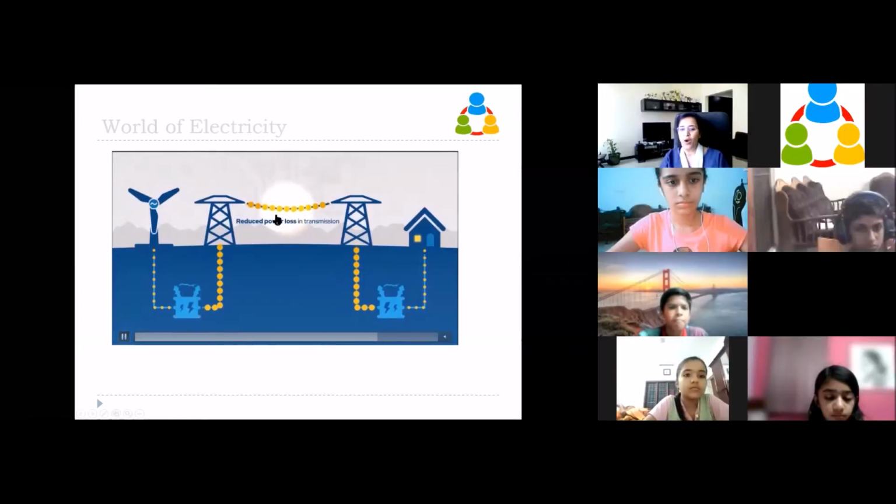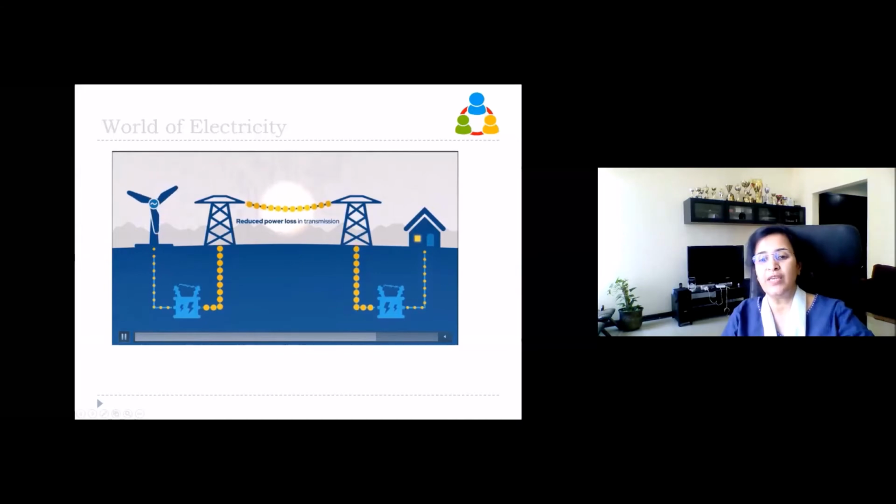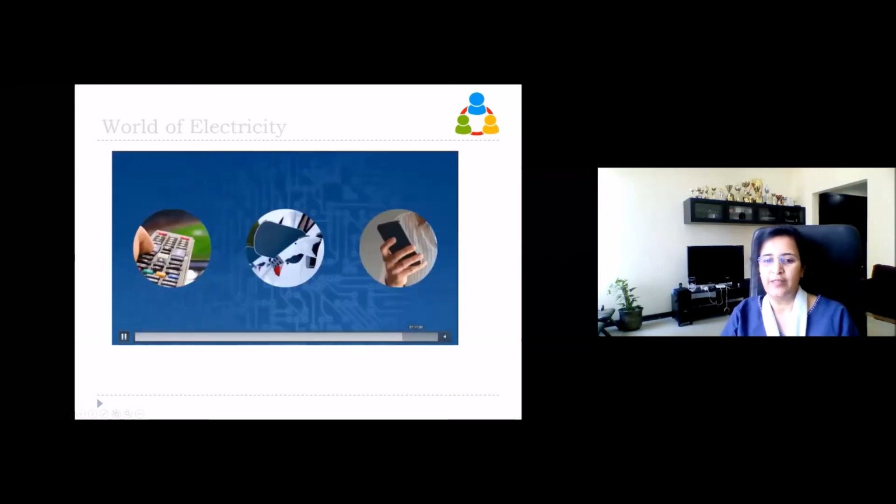For this, alternating current is used because it reduces the losses. DC current is not easy to transfer. So when it reaches our home, again there is a transformer which reduces the voltage so we can use it at home. That's why alternating current is used for this purpose too.